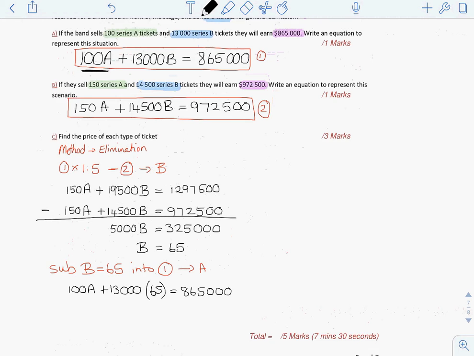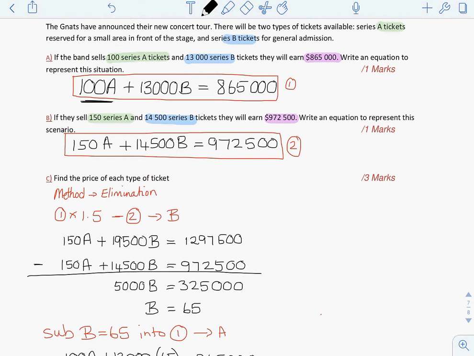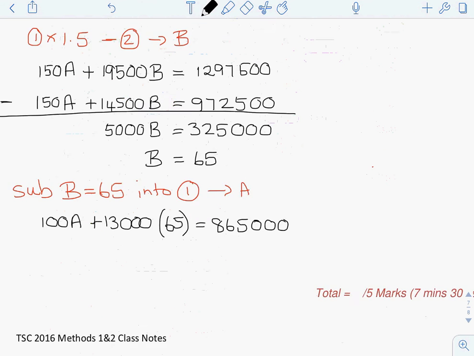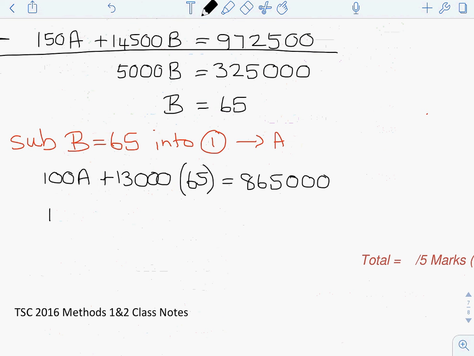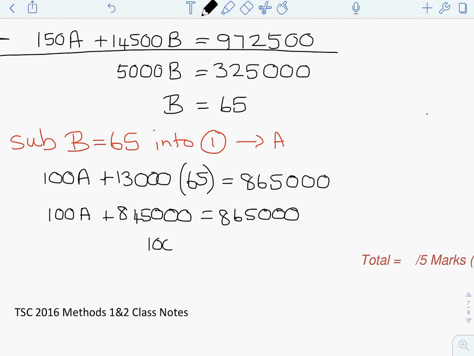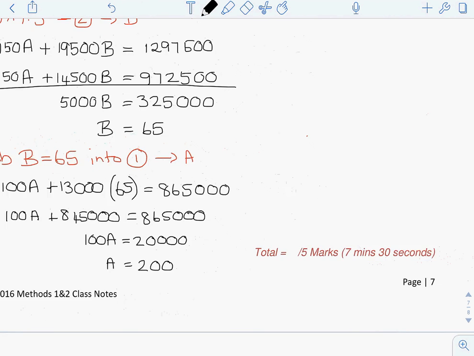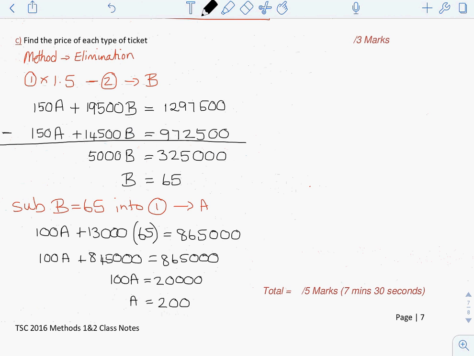That equation 1 is my equation 1 from right back up at the start, not my altered equation. When I simplify this a little bit, I'm going to get 100A plus 845,000, which is equal to 865,000. Subtracting that 845,000 from both sides is going to leave me with 20,000. Divide by the 100 and I will have 200. This means that Series A ticket will cost $200.